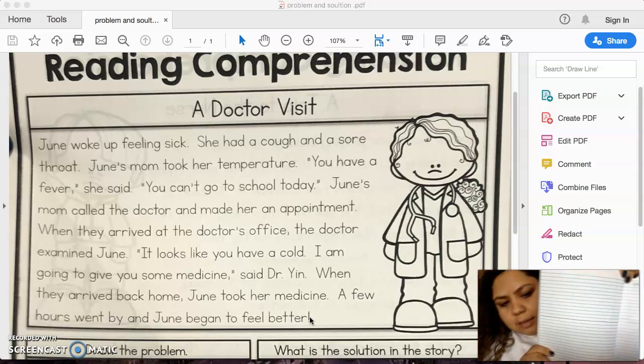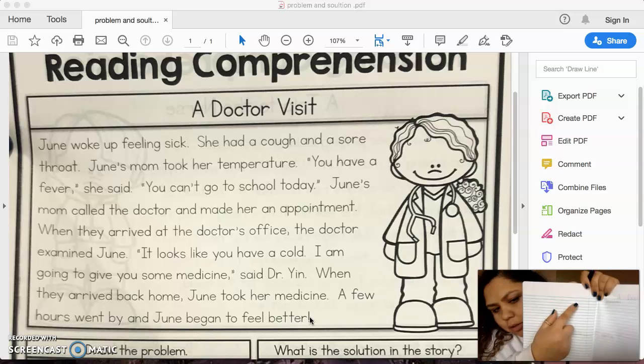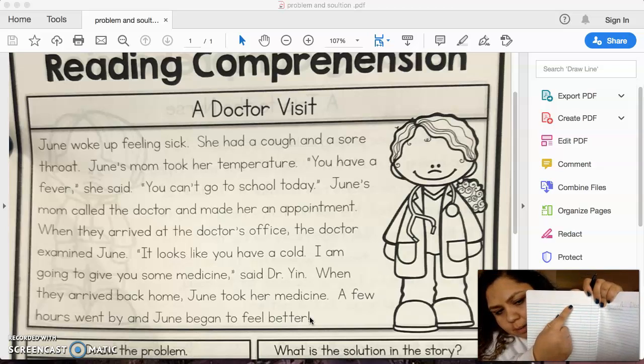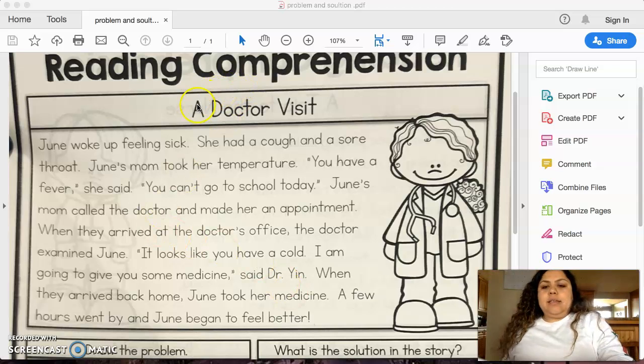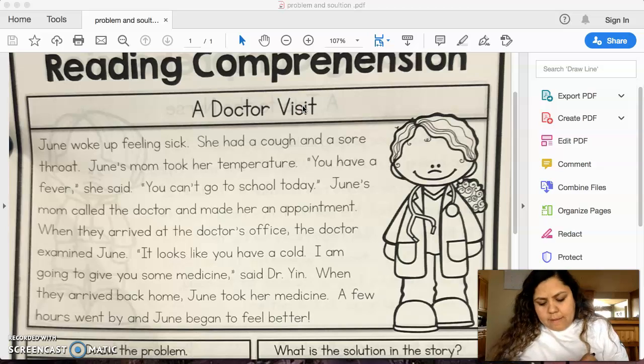As you can see, this is my paper and I could see the line in the middle. Up here, in this white open space at the top, I'm going to write this title: capital A, finger space, capital D-O-C-T-O-R, finger space, capital V-I-S-I-T.